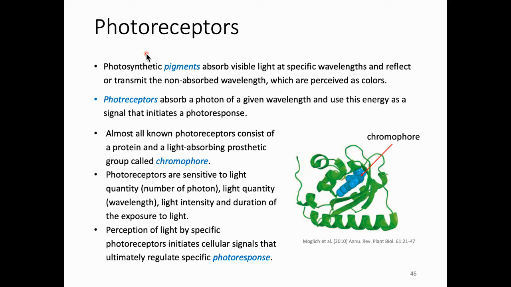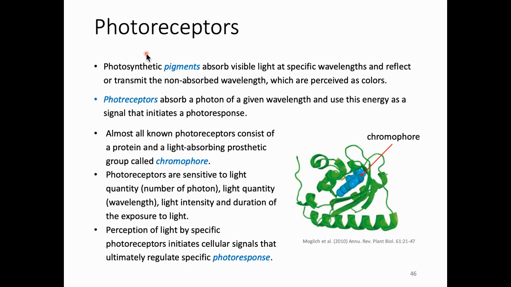A pigment is just a molecule of chemical structure that absorbs visible light at specific wavelengths and reflects the rest. Once they absorb the light energy, they transfer the energy to other molecules to do photosynthesis.